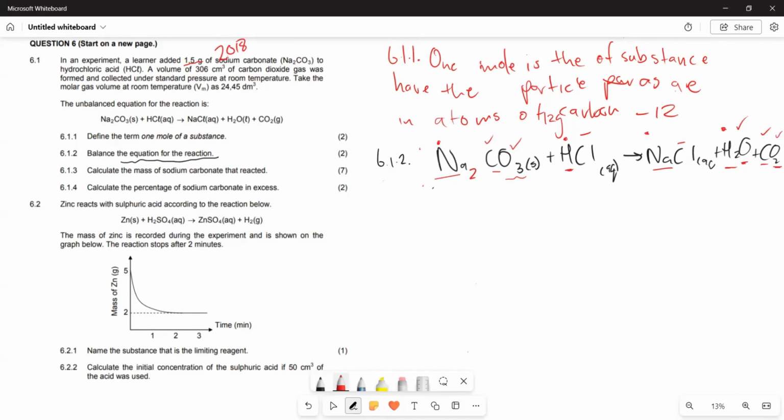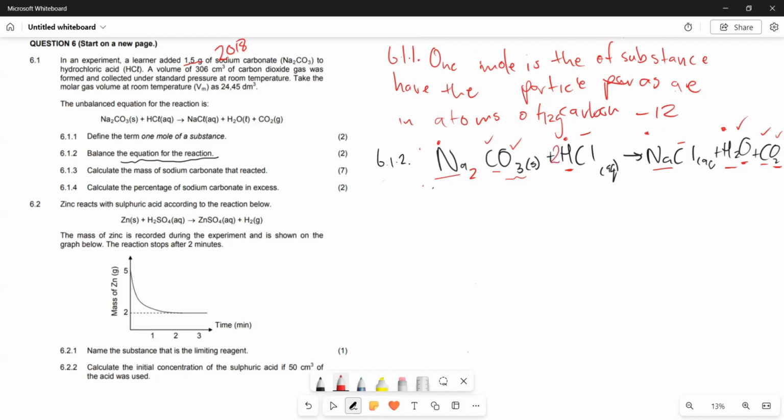So both of them are also going to be affected. Now let's see. We had 2 hydrogen this side while we have 1 hydrogen this side. So look, if we insert a 2 here.